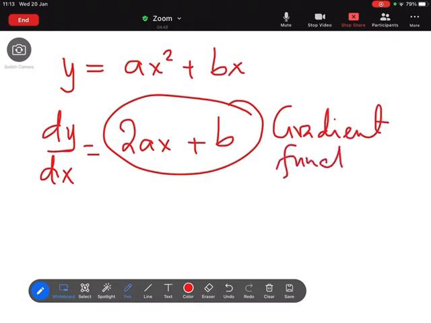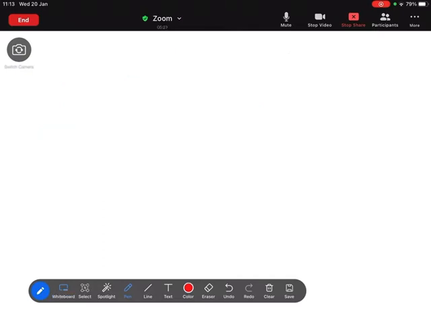The reason we refer to it as the gradient function is that it helps you find the gradient of your original curve at any given point on the curve. So that's why we use differentiation to find the gradient rather than going through the steps of drawing a tangent, though we will still go through a question whereby we will be asked to find the equation of the tangent. Now let's look at an example.